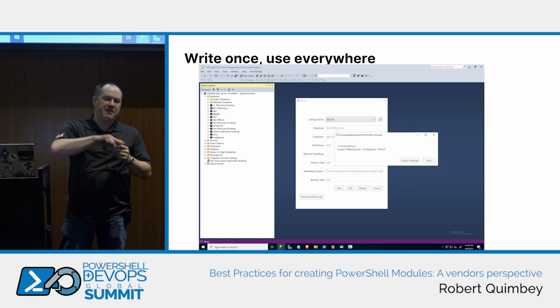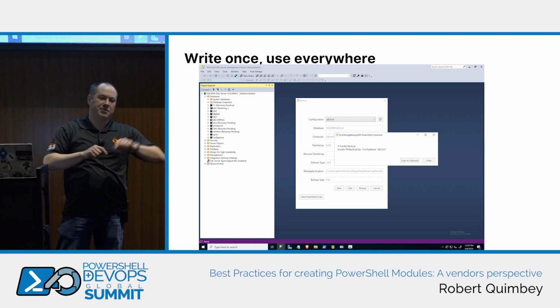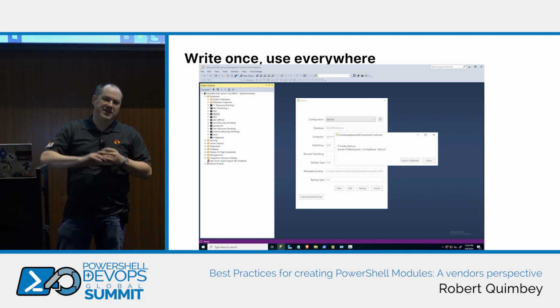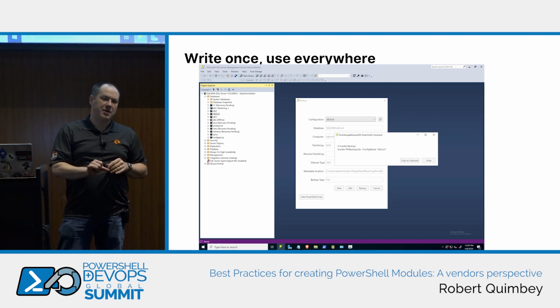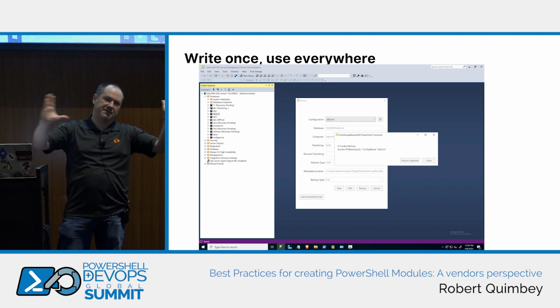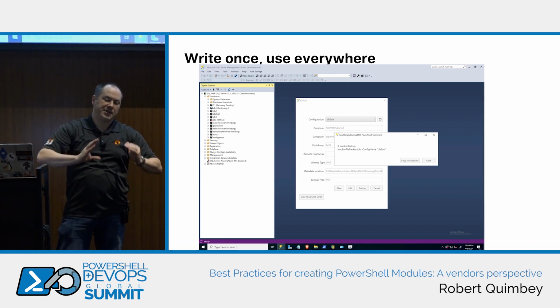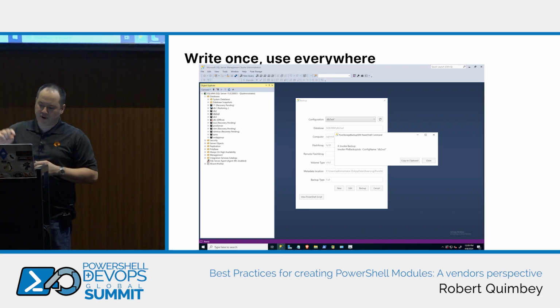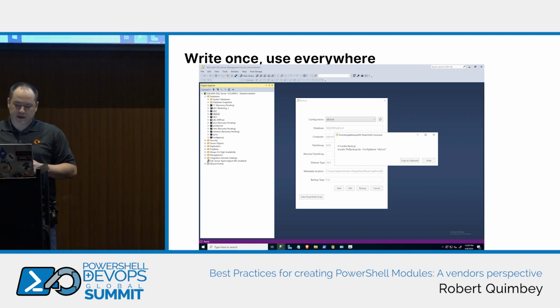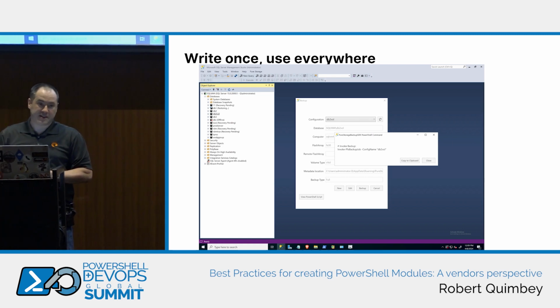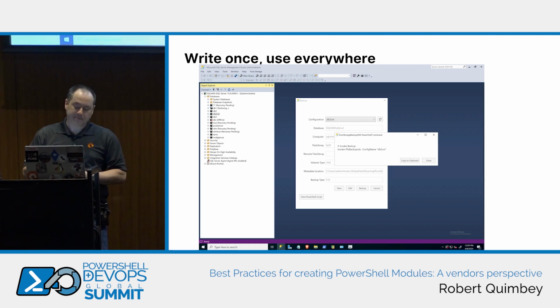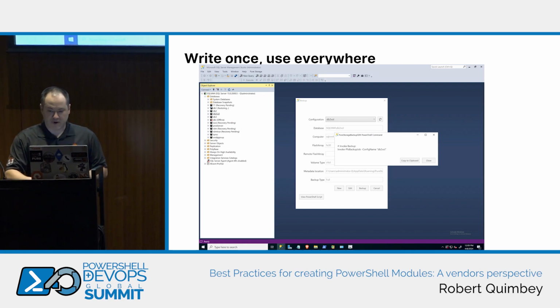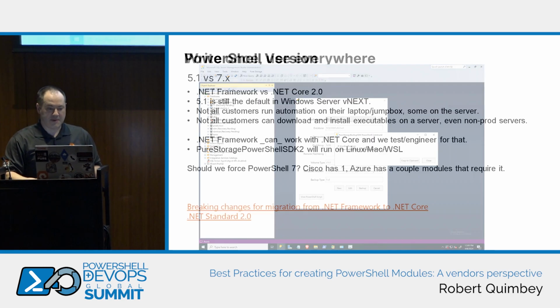But the GUI is not making a C# call or a direct API call or doing something else. It's doing the exact same code. So our support matrix of testing and QA shrinks dramatically by ensuring that the operation that does a change, whether it's GUI or whether you're manually doing it in the PowerShell session, is using the same commandlets. This is one of the things that we've found has really helped us.